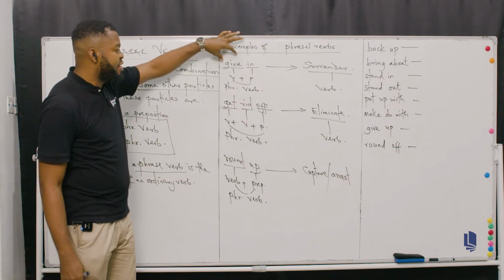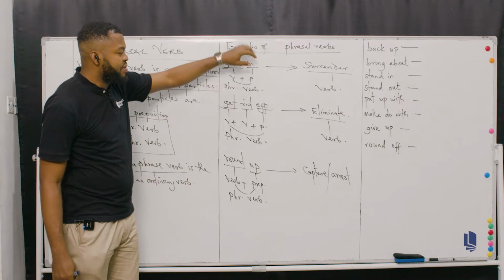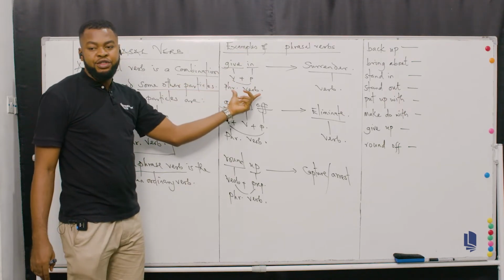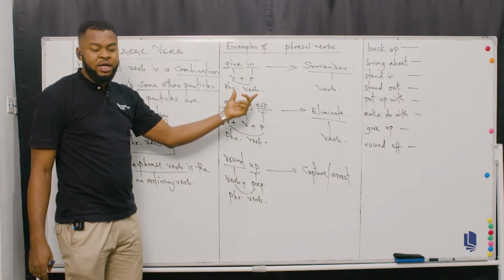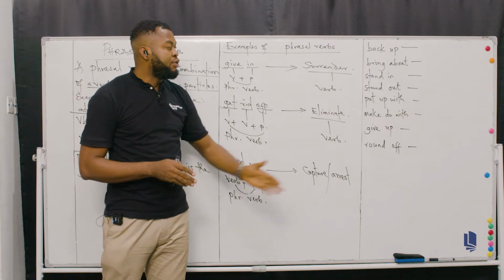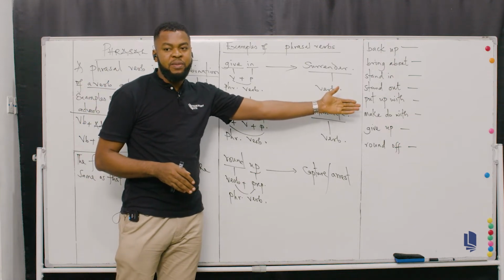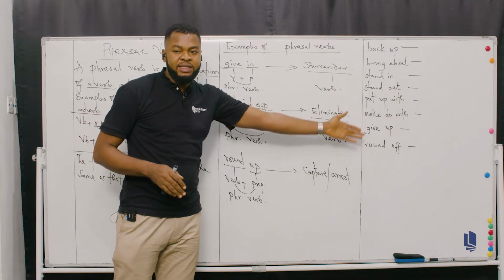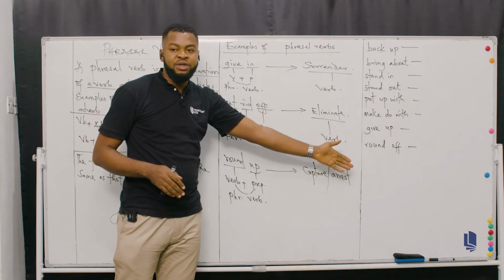For example, give represents a verb, plus in represents a preposition. Now, if I combine the verb with the preposition, I'll derive a phrasal verb, all right? And which means surrender as a single verb. Now, I need you to also replicate the same thing in these 8 phrasal verbs that I gave you, all right?